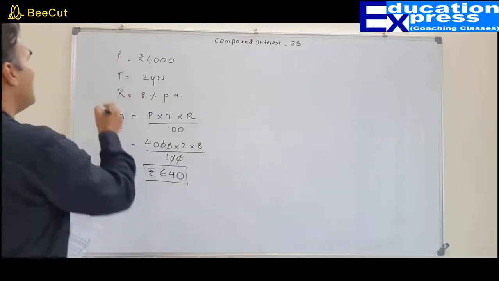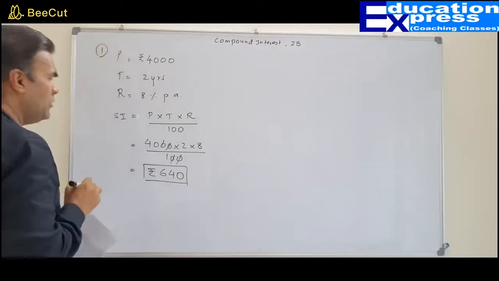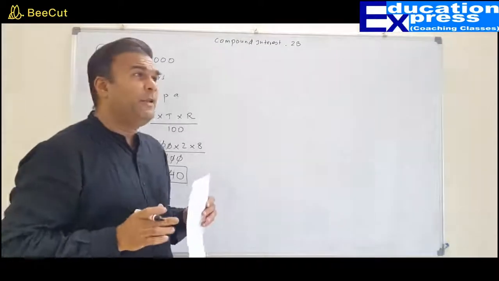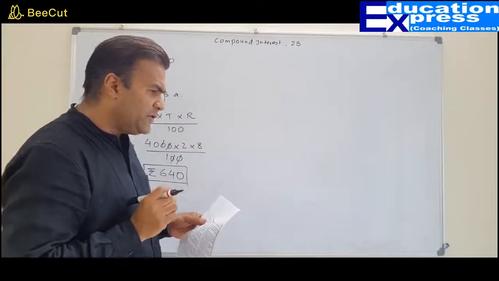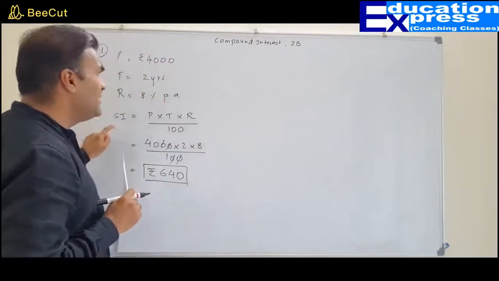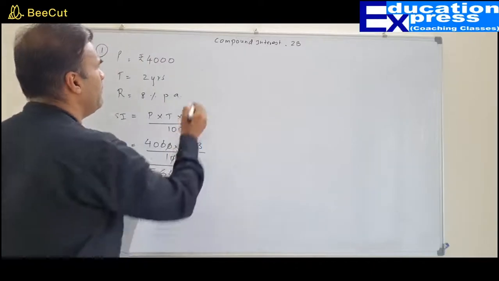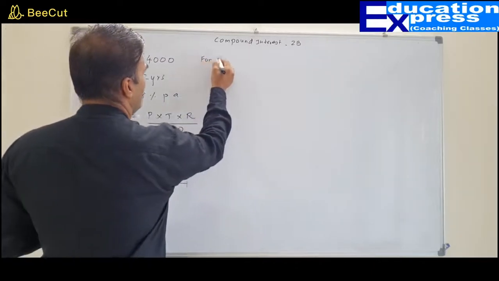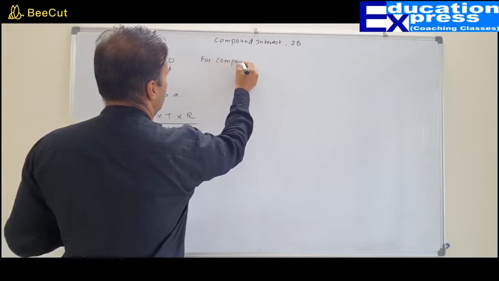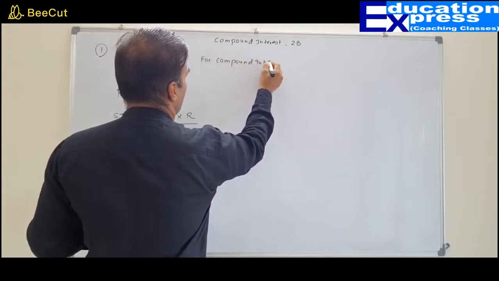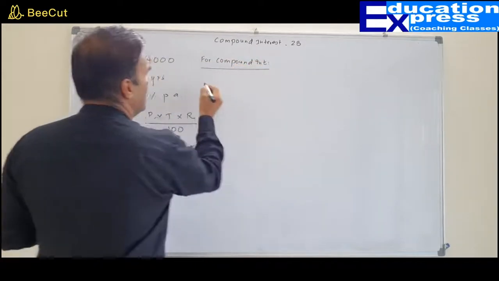The question is asked that we have to find out the difference between the simple interest and the compound interest. What have we found so far? Simple interest. Now we will find out compound interest. What do we do?